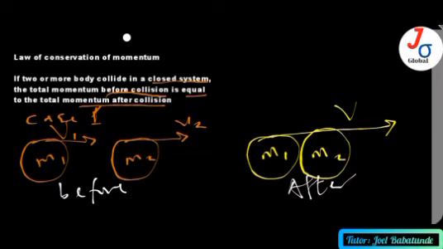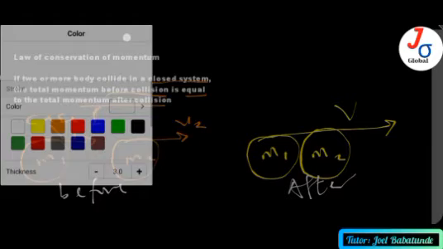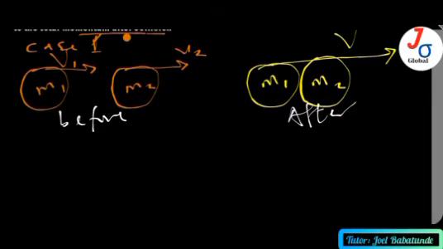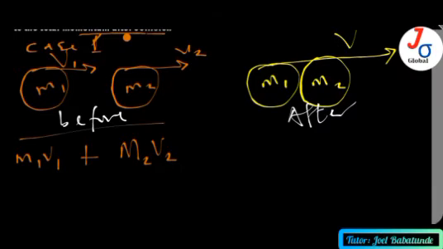Okay, so what happens now? Remember that the formula for momentum is mass times velocity. So here the momentum is m1 times velocity v1, plus the momentum m2 v2. Now this is before collision.